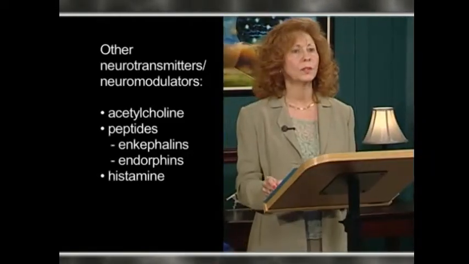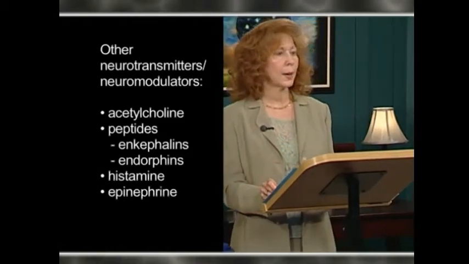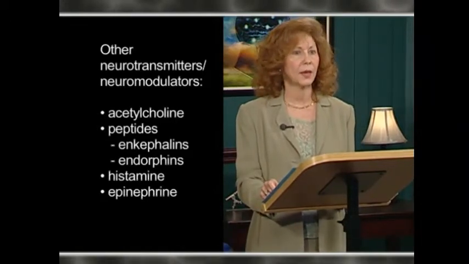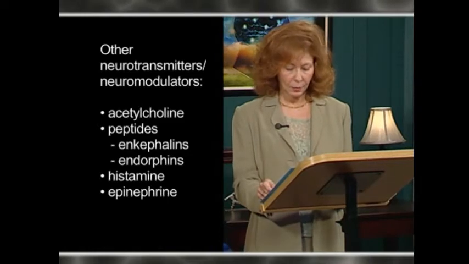And the last one I have listed for you is epinephrine. Epinephrine would be one of the biogenic amines that would be used in the peripheral nervous system. Now, there are approximately 60 neurotransmitters and neuromodulators that have been identified to date. We actually believe there are probably far more in the central nervous system.